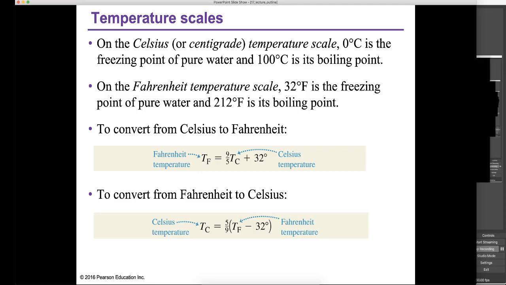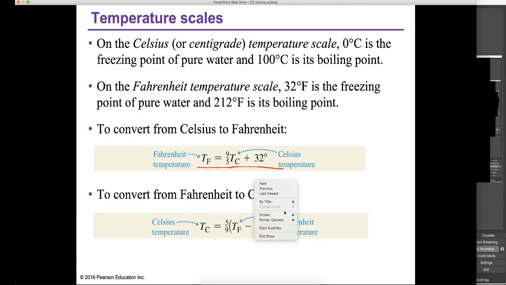They can be converted into each other, and they have a linear relationship. It's very easy to convert if you have an equation. So here it shows the equation for converting the temperatures.